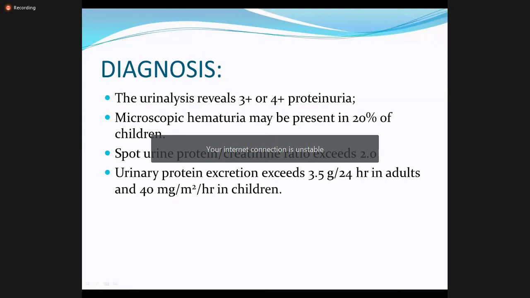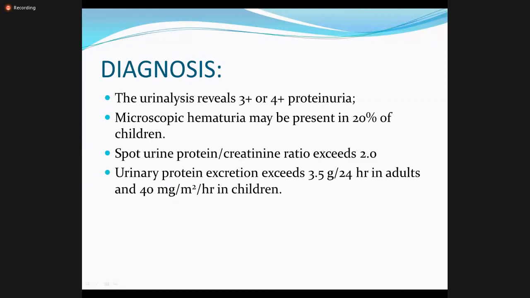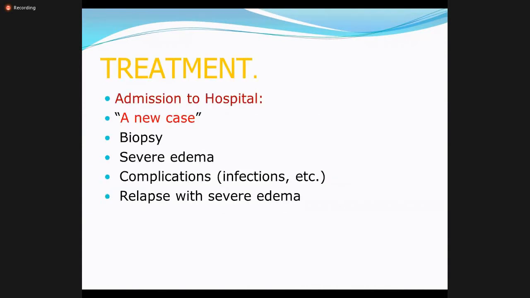Admission is indicated in some new cases due to parental anxiety, when there is severe edema, if the child has respiratory distress or complications, or there is severe anuria or oliguria, when you need a biopsy in atypical cases, or whenever there is relapse with severe edema. These are the only indications for admission. Otherwise, you can manage nephrotic syndrome on an OPD basis.